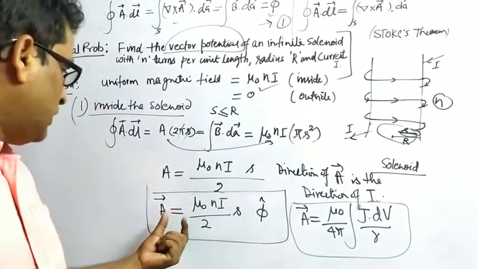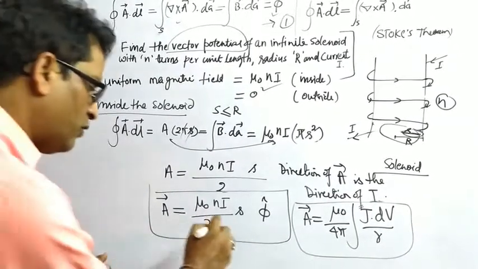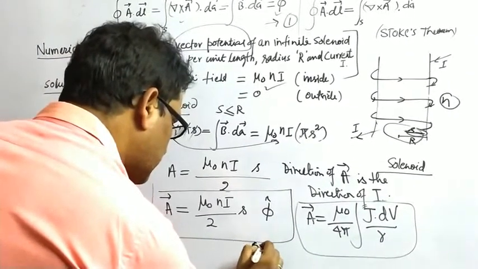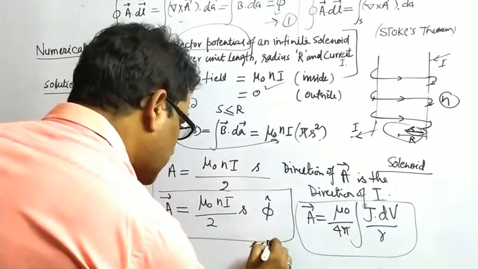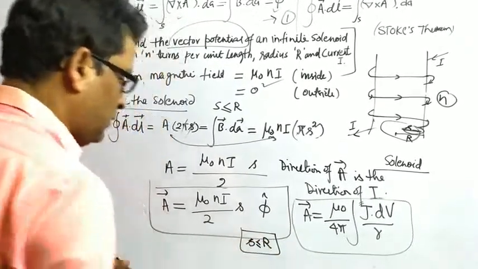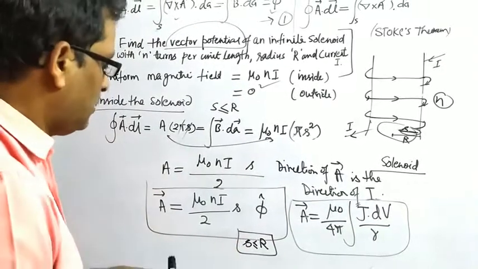So this equation tells you the magnetic vector potential for any point that lies inside the radius of the solenoid. So this is when s is smaller than or equal to R.